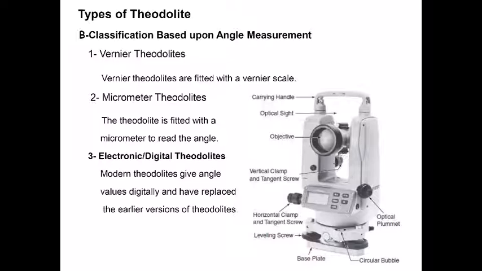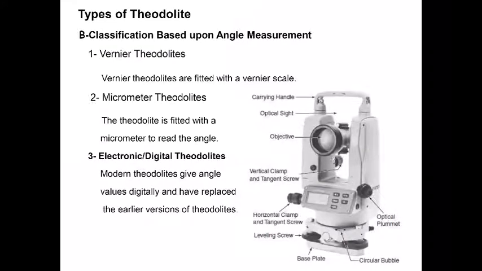Like we discussed earlier in the case of the auto level, when you look through your telescope, you get an enlarged view. Sometimes you have to change your view just by a small amount. Let's say you are trying to bisect a ranging rod, but you need to move your instrument left or right just a little. Since you are looking at a large view, by moving it just a little, the image moves by a lot, and you miss the bisection.